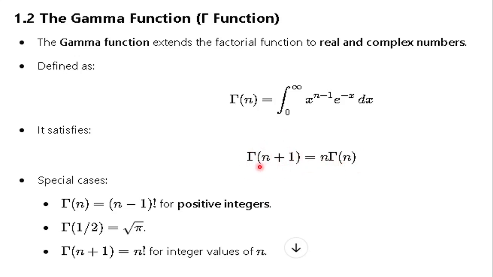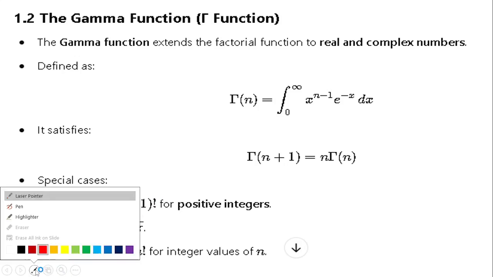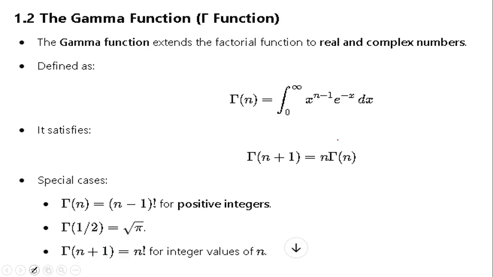For example, if you have gamma of 4, it therefore implies that this is like gamma of 3 plus 1.